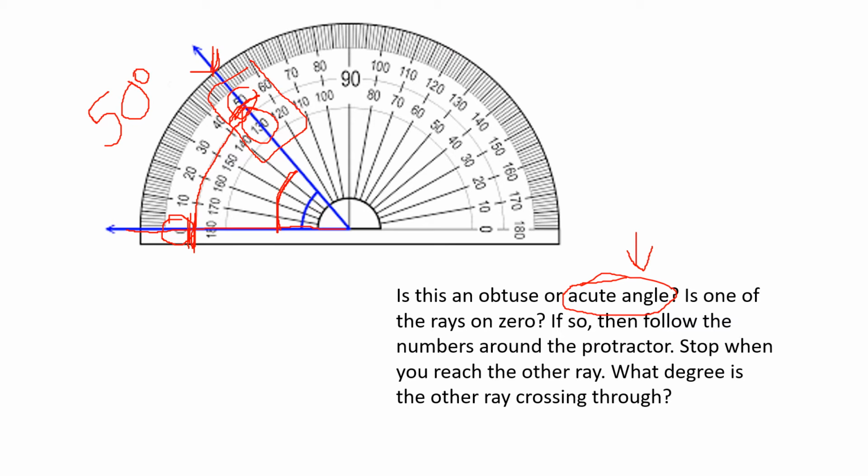Which one of those degrees is an acute measurement? Well, I know 130 is greater than 90 degrees, so that's an obtuse measurement. And 50 is less than 90 degrees, so that makes it an acute measurement, an acute angle. So this angle is 50 degrees.